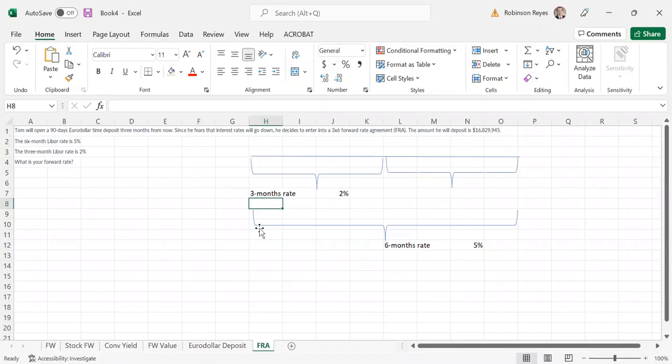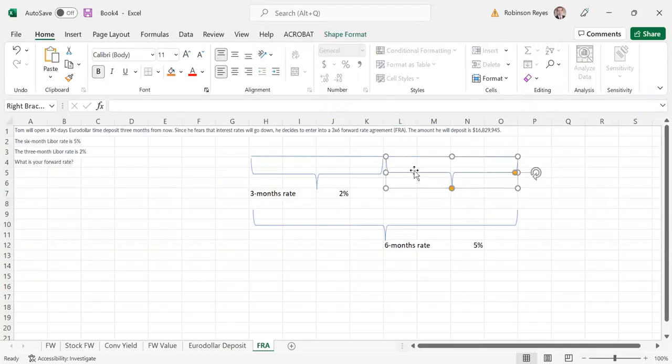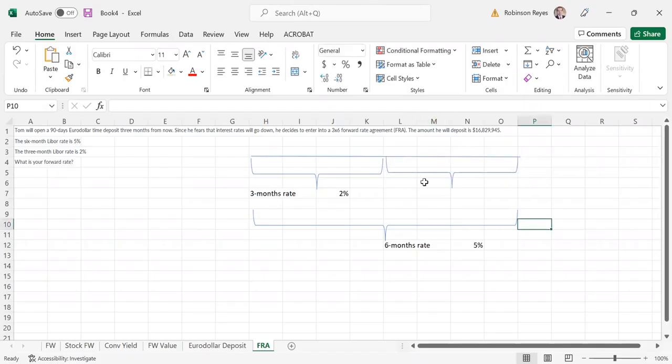What we do not know is what happens if you need to deposit money for 3 months here. You do not know, we don't have certainty about what the rate will be.